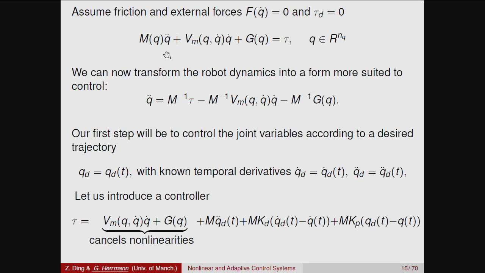It's not always the case. If we can invert this mass matrix, then we can reformulate our acceleration vector in relation to our input forces or torques, and we have these added nonlinearities.